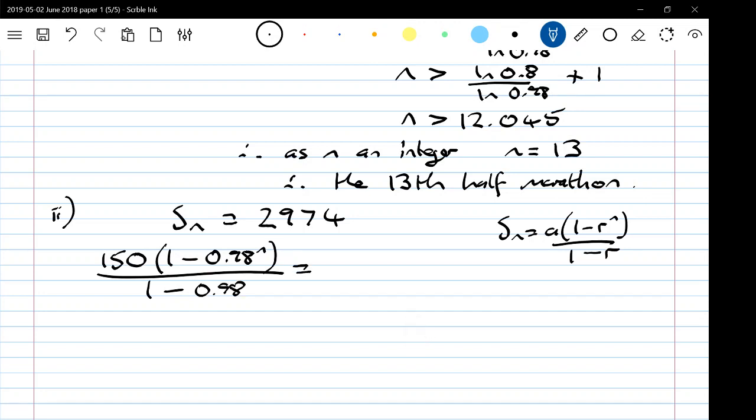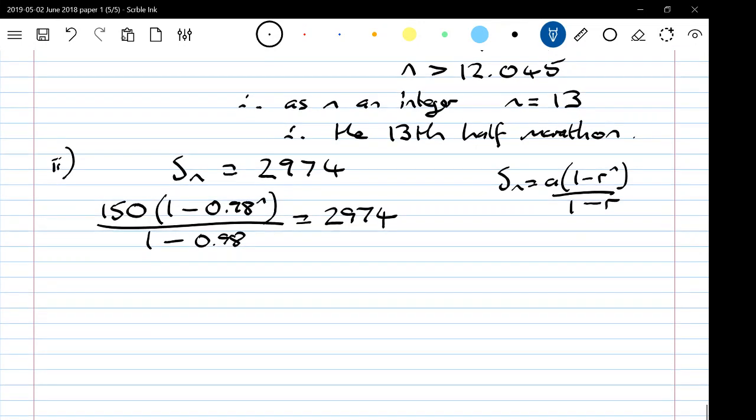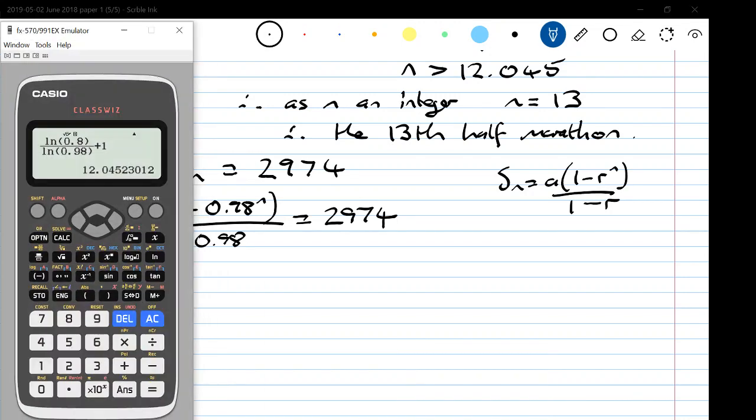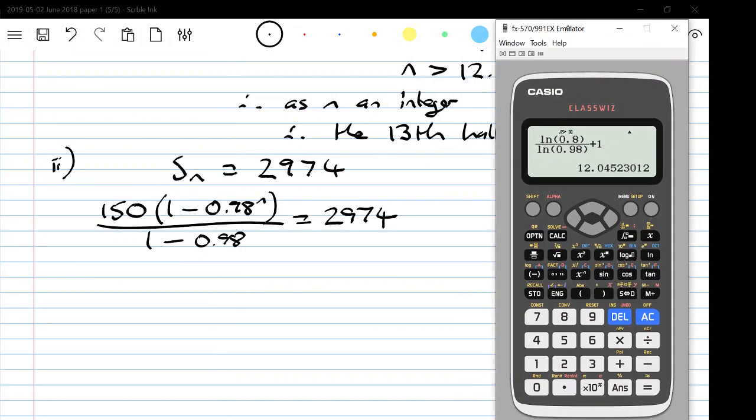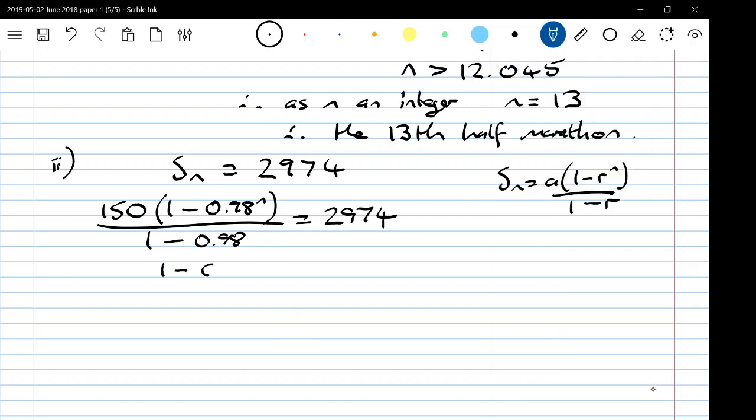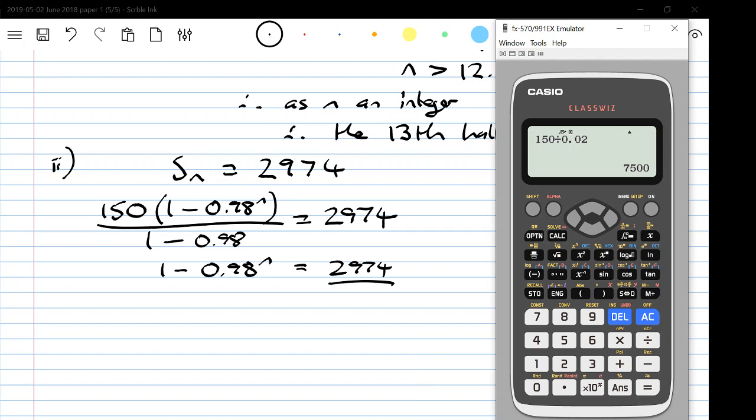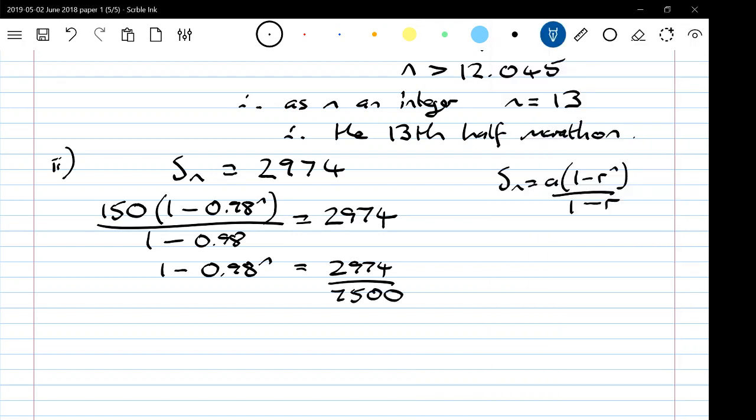Can you guess what's happening in the final mark of this already? Based on what we just said, you're going to have to refer to marathons again. If we simplify this, we want to get n. 150 divided by 0.02 is 7,500. So 1 minus 0.98 to the n is 2974 over 7500.